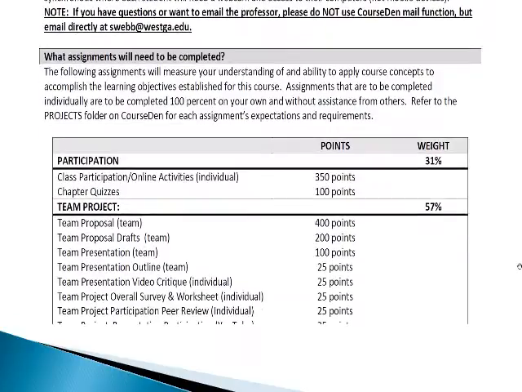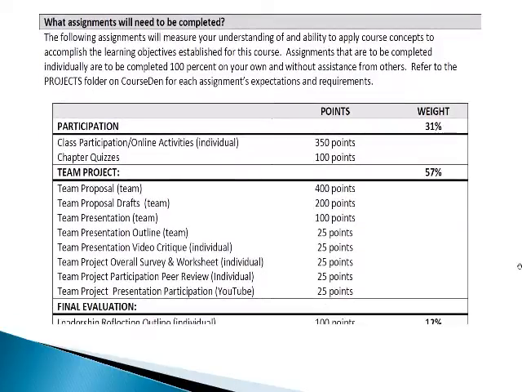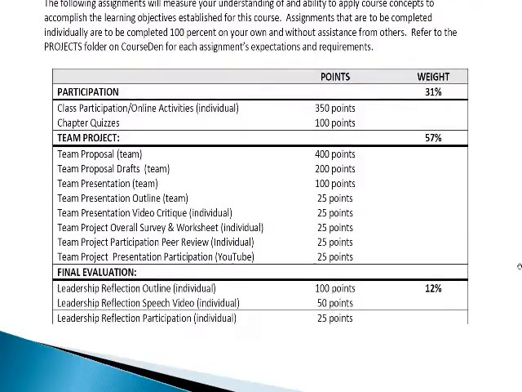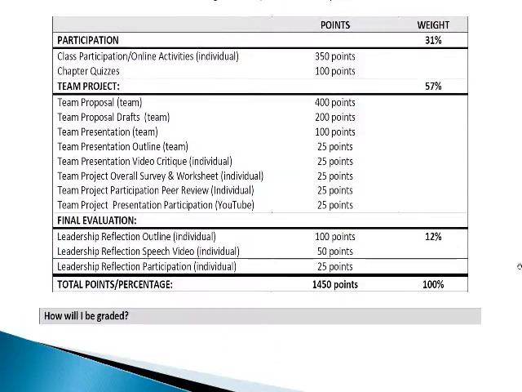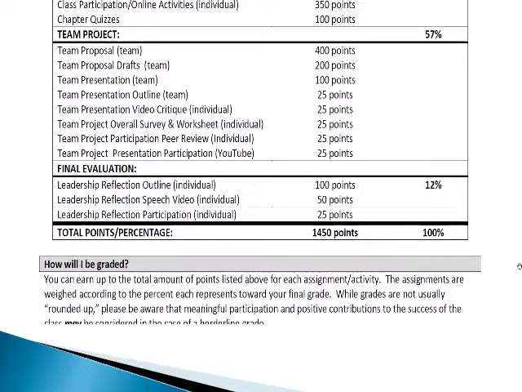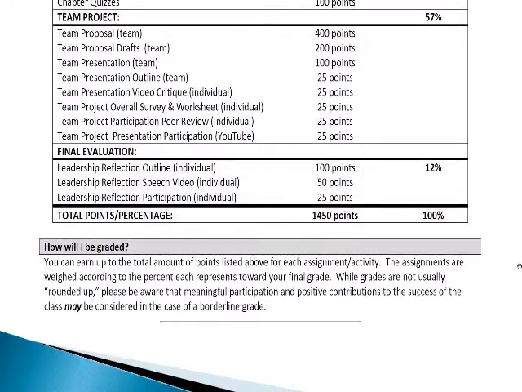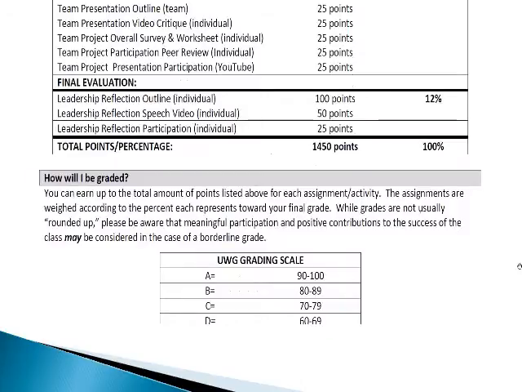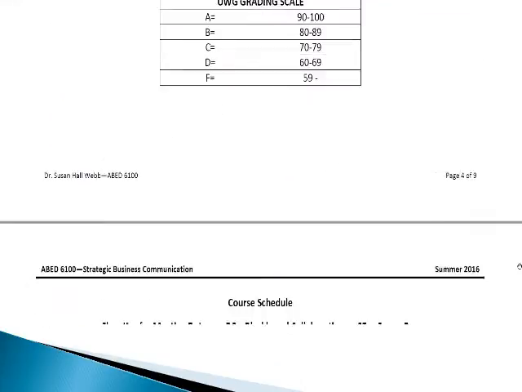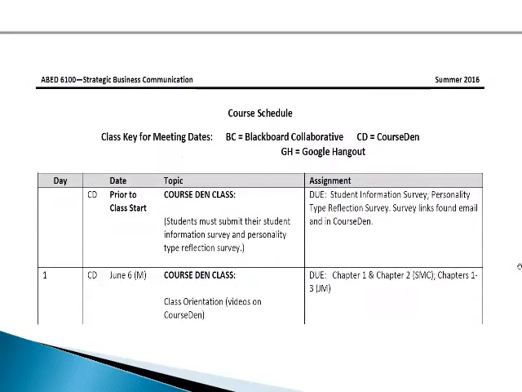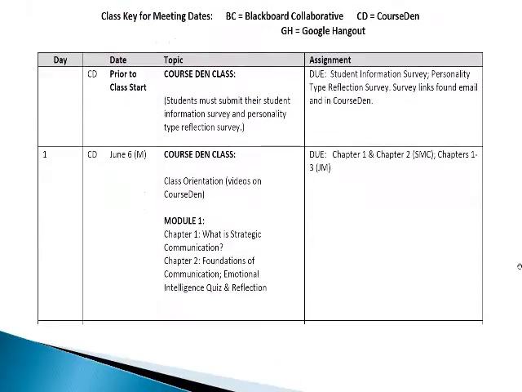So in this course, there'll be a variety of different assignments, and you can see here what the assignments are and what the points are associated with that, which make up 100% of the points with a total of 1,450 points. This is the typical grading scale. And then on this course syllabus, you'll also see the assignments and how they line up.